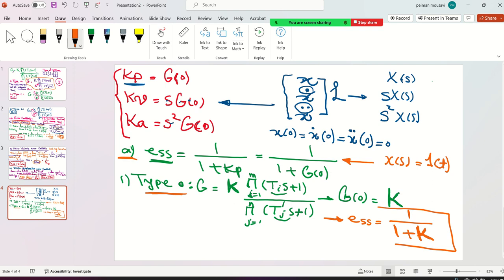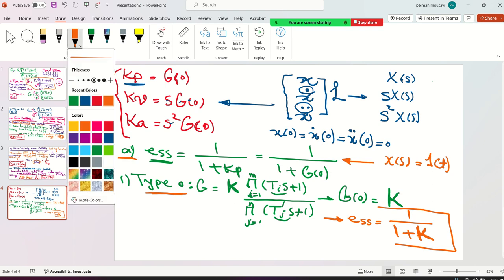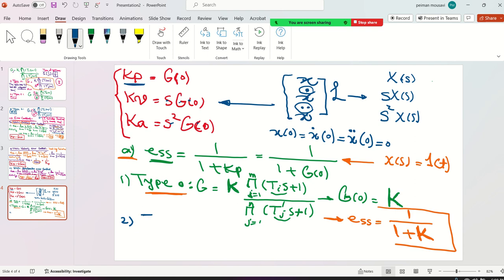Now case 2. If the type of the system is 1, or n is 1, you're going to have one S here, guys. Let me first calculate G at 0, here Kp.